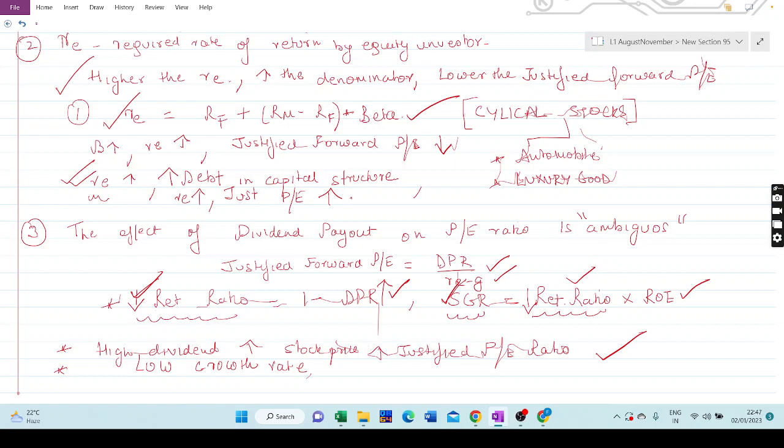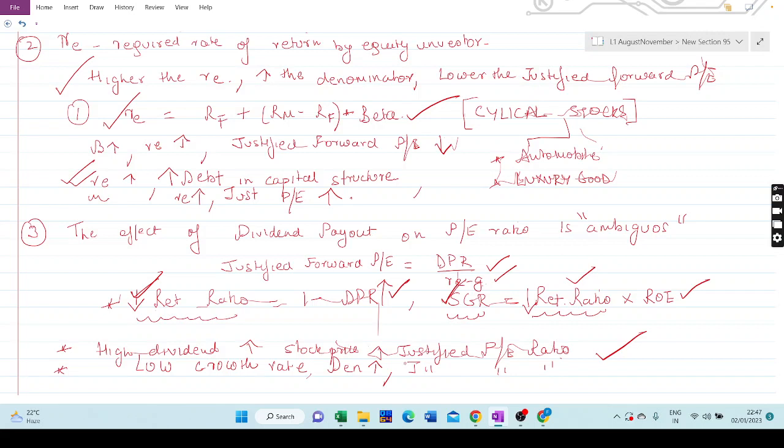If my growth rate is low, then the denominator would be high. If the denominator is high, the justified P/E ratio would be lower. So high dividends on one hand should increase the justified P/E, but a high dividend payout ratio reduces the retention ratio, lower retention reduces the sustainable growth rate, and a lower growth rate means a lower justified P/E ratio.